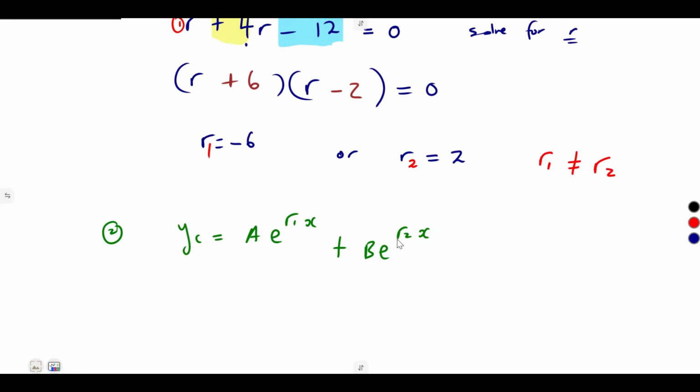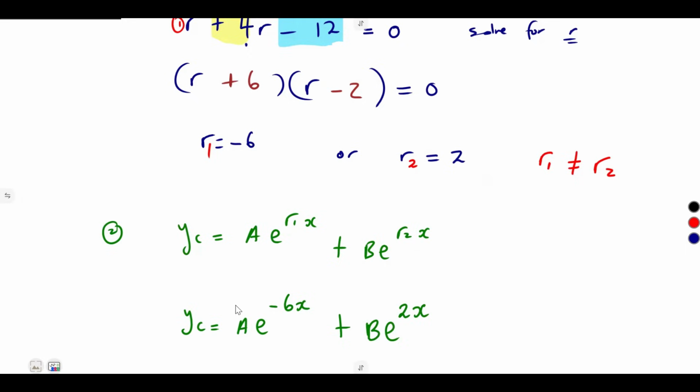So this is the condition from our r1 and r2, those two solutions which are different. So we can substitute these. So that's e to the exponent of our r1, as we had from these solutions. It is what? Negative 6. So that's negative 6x here, plus b e to the exponent. Our r2 is what? It is 2. So it's going to be 2x.